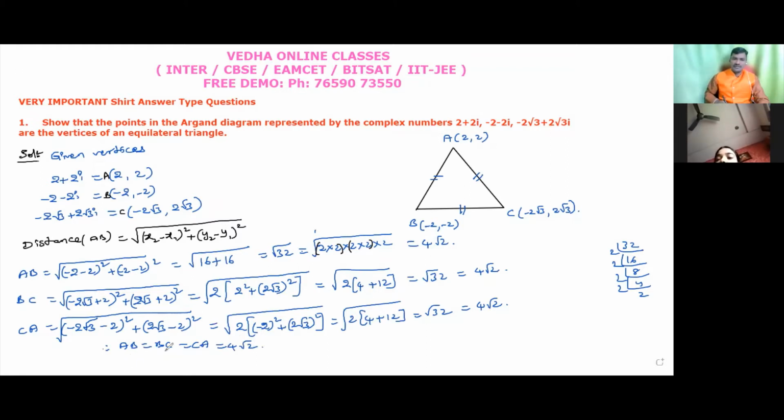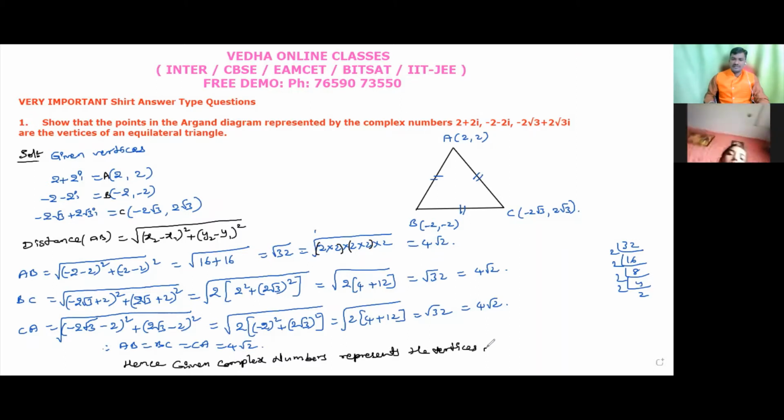Hence it is an equilateral triangle. The given complex numbers represent the vertices of an equilateral triangle.